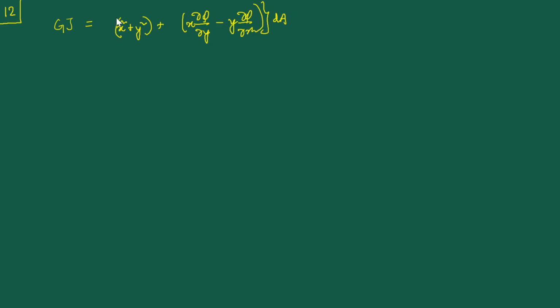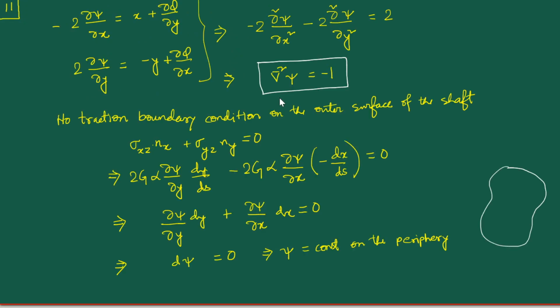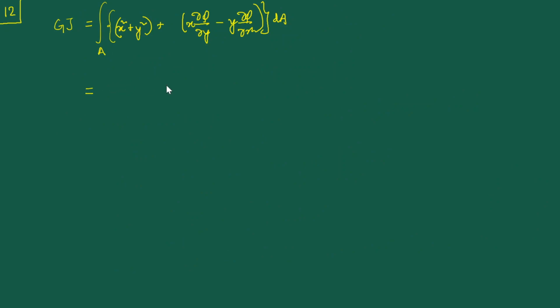Now what I would like to do is simply replace these expressions involving the phi with those involving the psi, and for that all I have to do is take a look back at the previous page where I have this. The del phi del y can be expressed in terms of the psi like this. It is minus 2 del psi del x minus x.